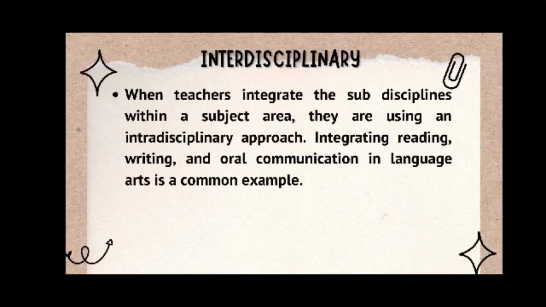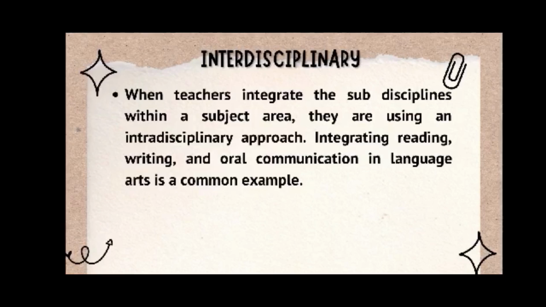Like for example, Araling Panlipunan. When we discuss Araling Panlipunan, we also talk about kalamidad or disasters that happen, the natural disaster or the man-made disaster. From that, we can also connect it to another subject like science. Science also talks about disasters as well.